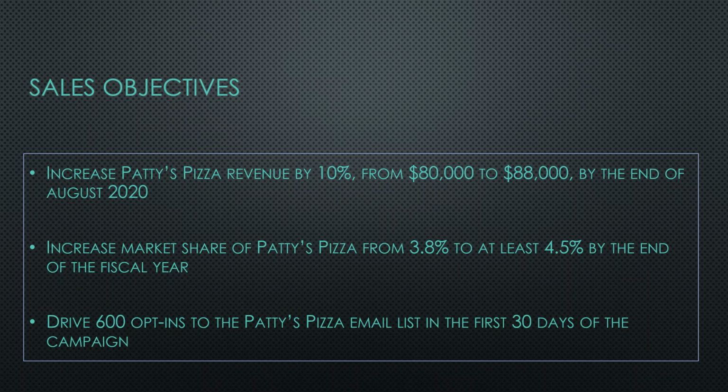The last one is this conversion one. So this is not necessarily revenue, but if I can put a basic price or a value on someone joining our email list, and I definitely can do that, well, then having 600 opt-ins to Patty's Pizza email list in the first 30 days of the campaign means I'm going to be generating revenue possibilities.